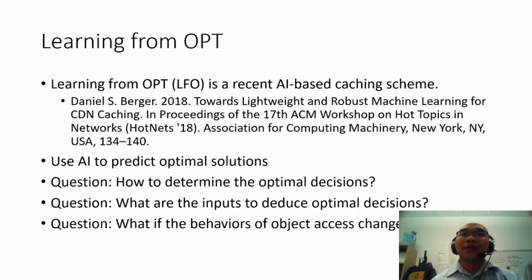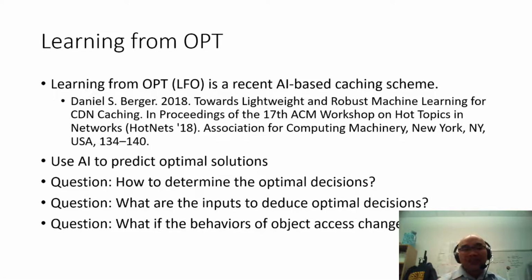So the related questions are: how do we determine the optimal decision? How do we know if a decision is optimal? Second, just like humans, when we make decisions, we are based on some input.